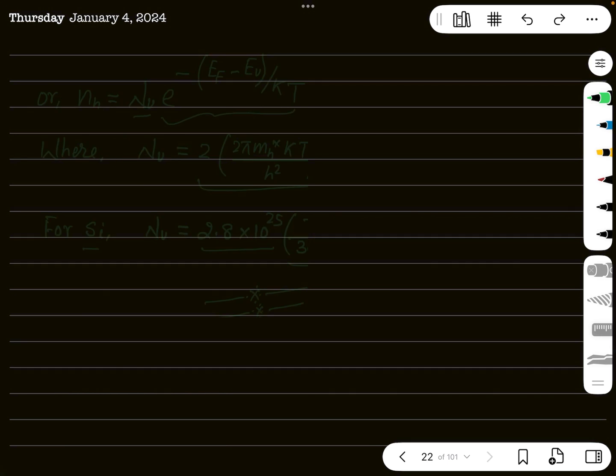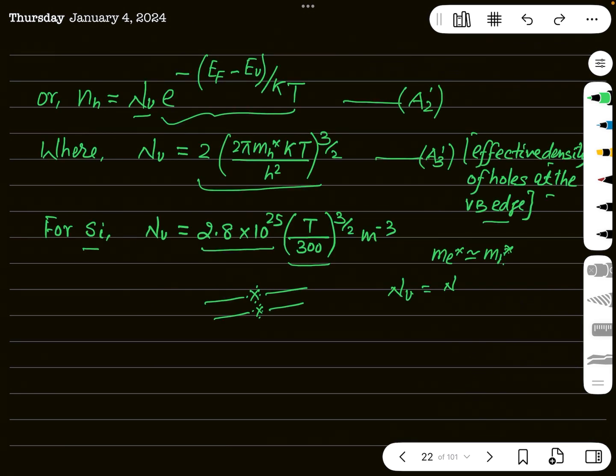So the value of both of these factors NV and NC are equal.